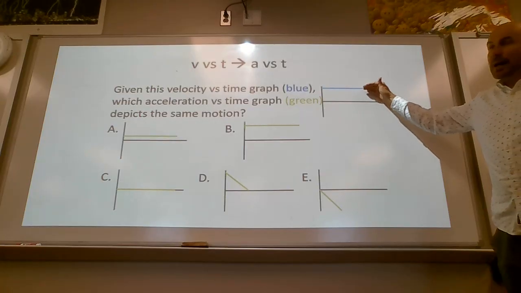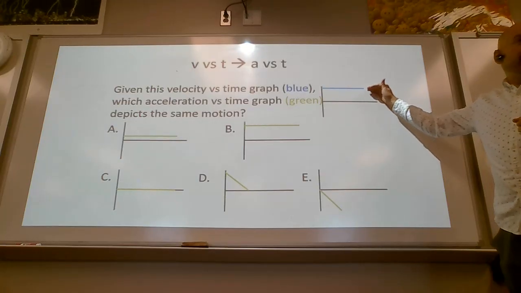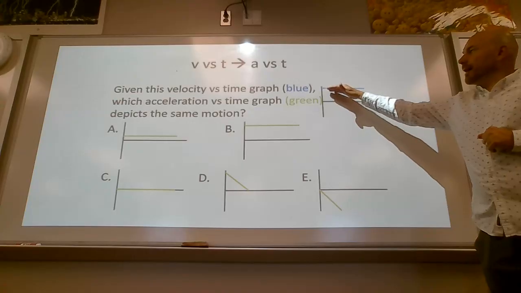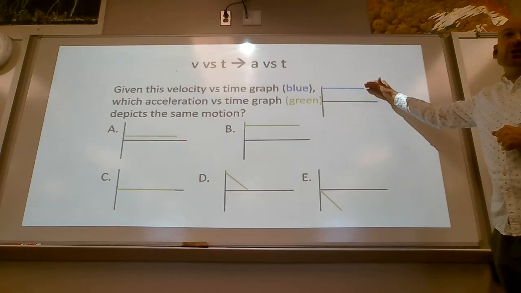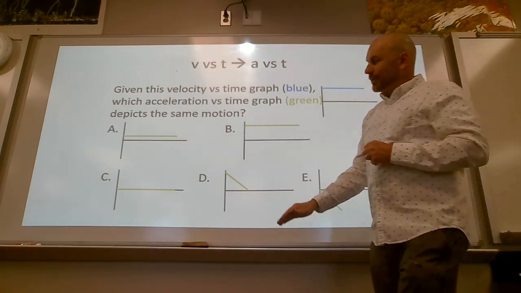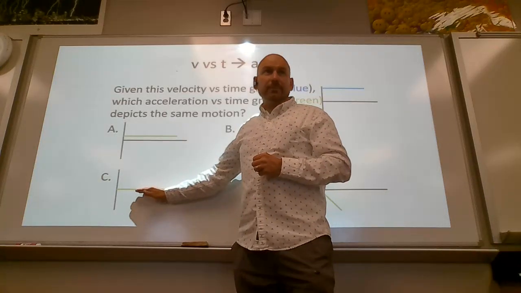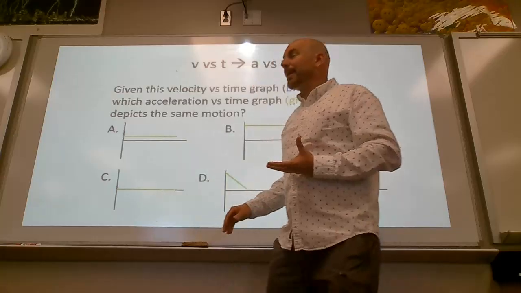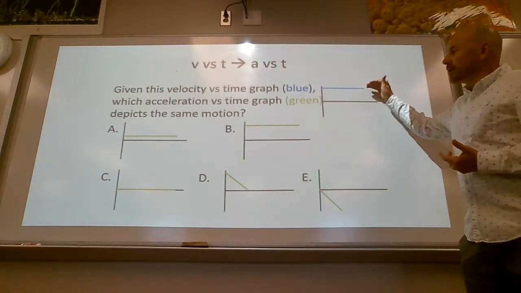You're moving at a constant velocity in the positive direction, so away from the motion detector. Good with that? Okay. So the fact that your velocity is constant means it's not changing, so you have zero acceleration. That would be the conceptual story. Mathematically, graphically, what is the slope of this line?